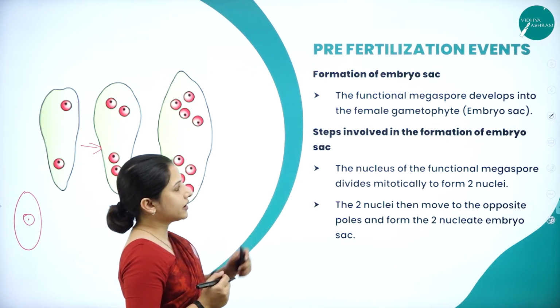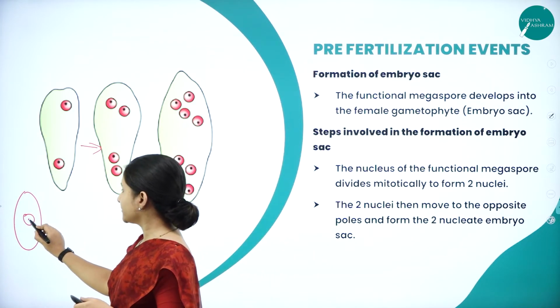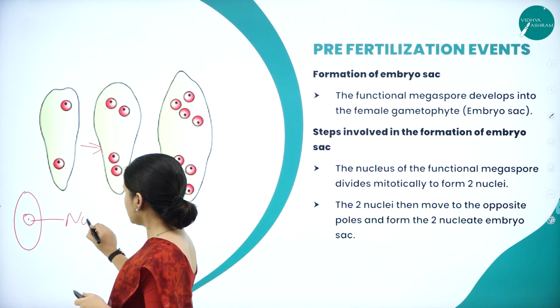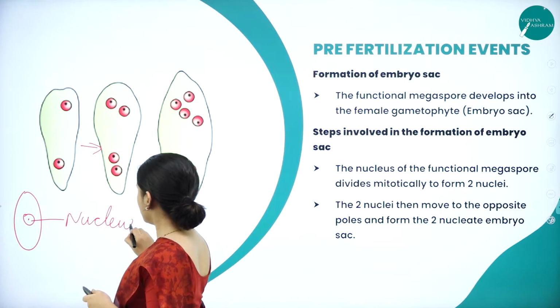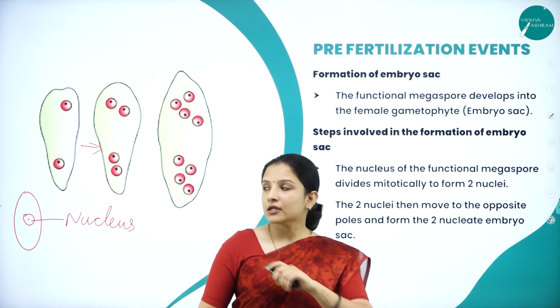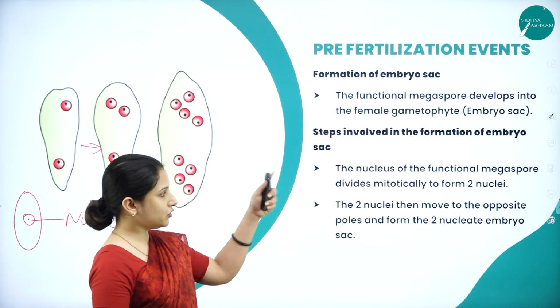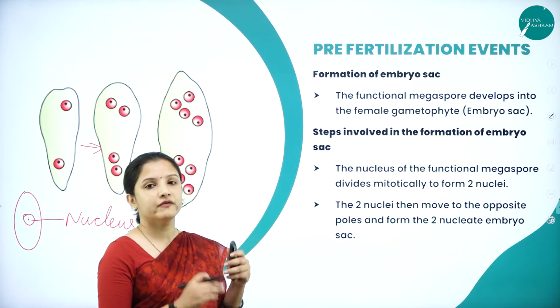The nucleus of the functional megaspore. Which is the functional megaspore? This is the functional megaspore having the nucleus. It is monosporic. It is only one cell, hence it is monosporic. The nucleus of the functional megaspore will divide.